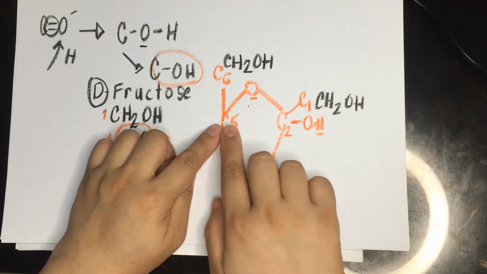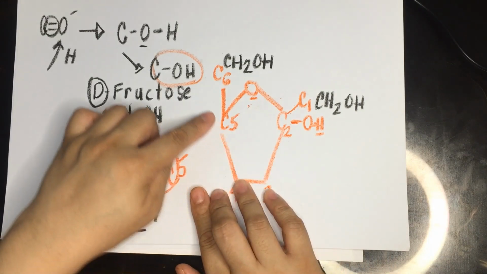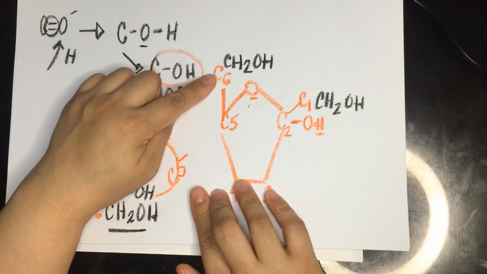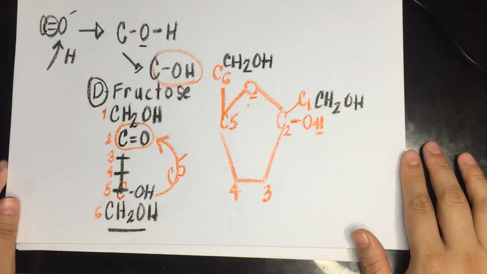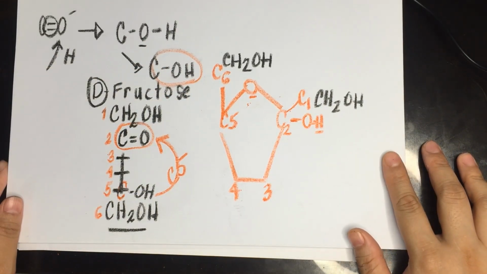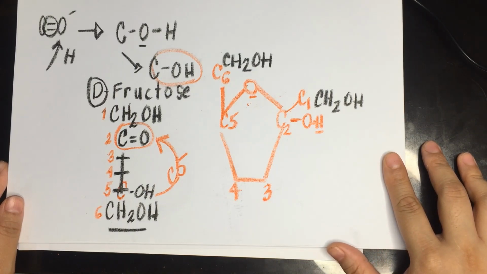Next, in carbon number 5, we also have attached here carbon number 6, which is an alcohol. This is now the furanose ring that involves 6 carbon atoms and a ketone. So it means to say this is a ketone body that contains sugar.